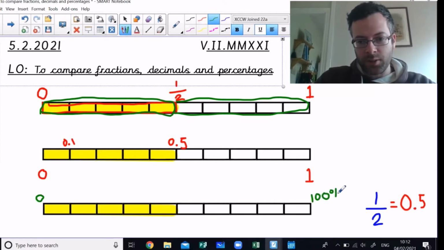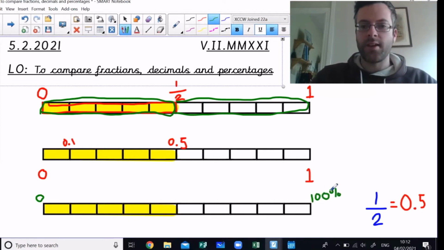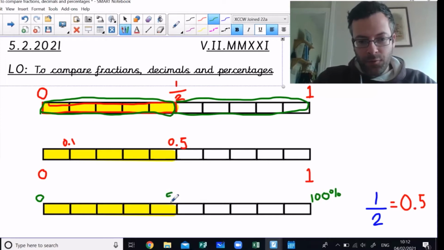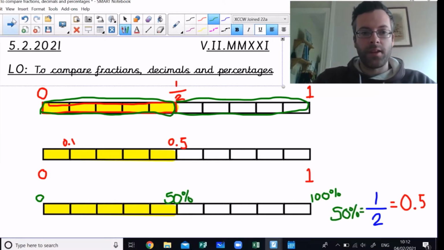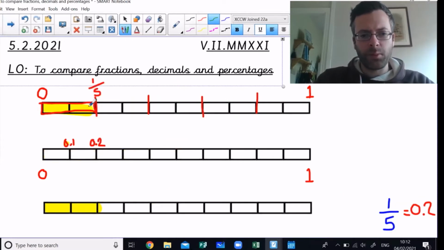Hopefully you'll agree with me, if we split 100% into 2 parts, it will be 50%. So another one that's worth remembering is that 50% is the same as a half, which is the same as 0.5.